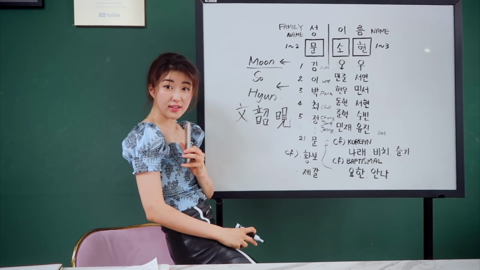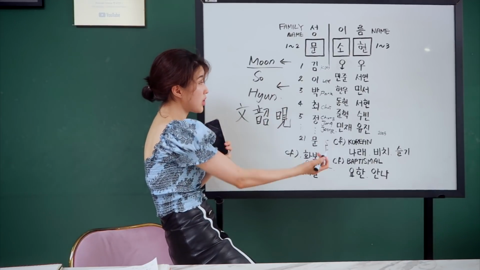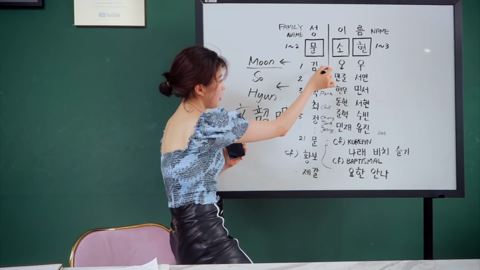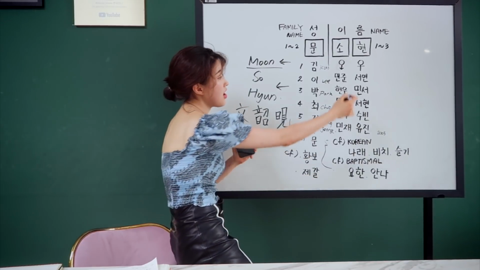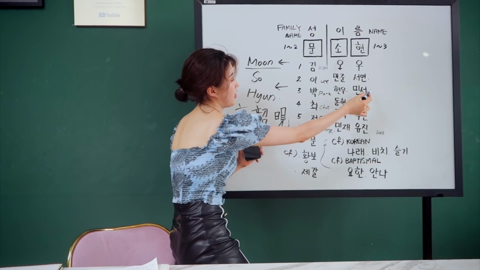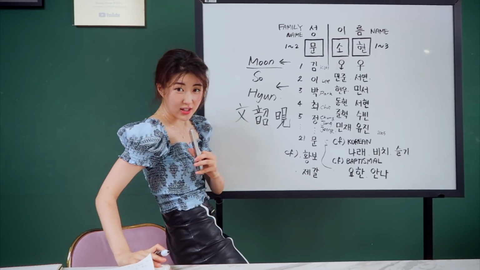This is my Chinese character name. And most Koreans and all of these last names have their own Chinese characters, and these names can be written in Chinese characters as well.